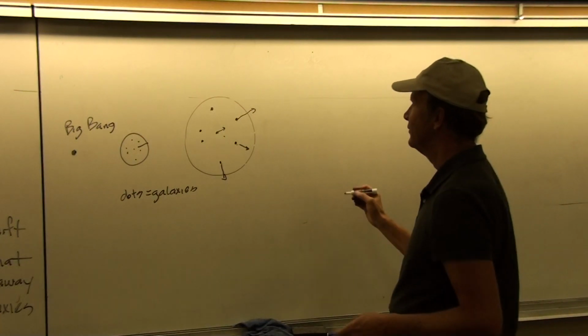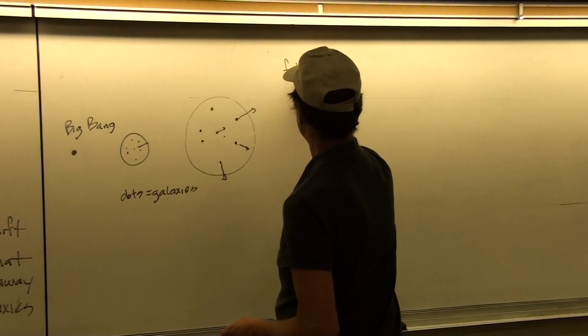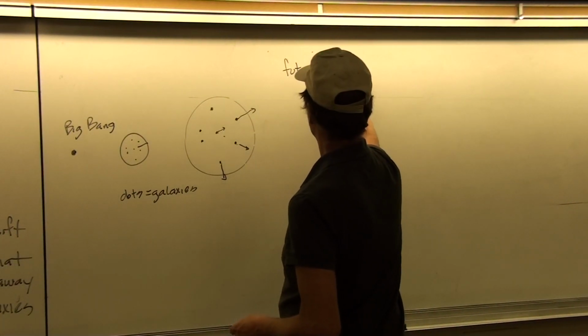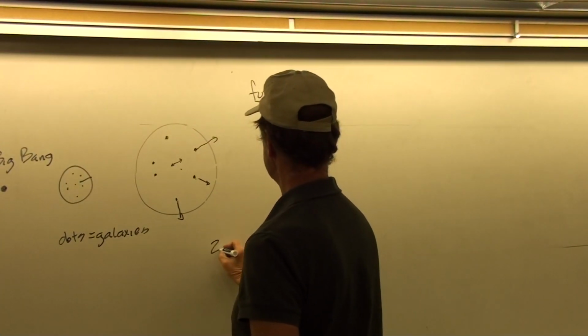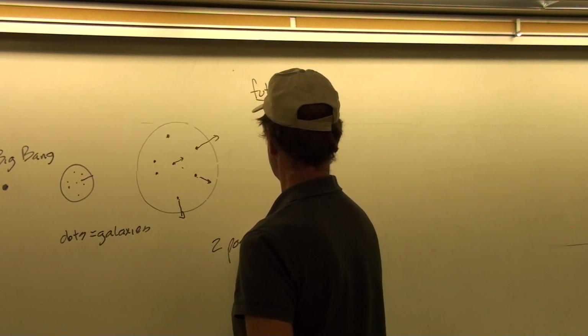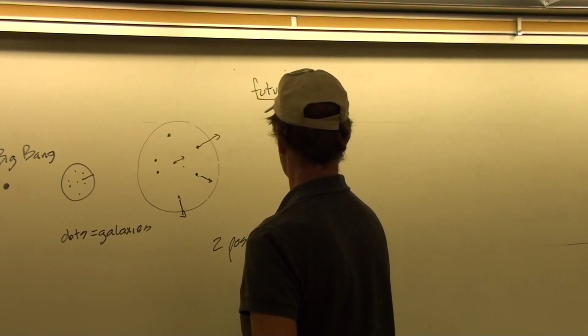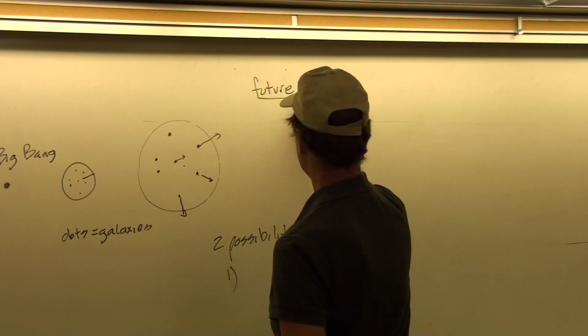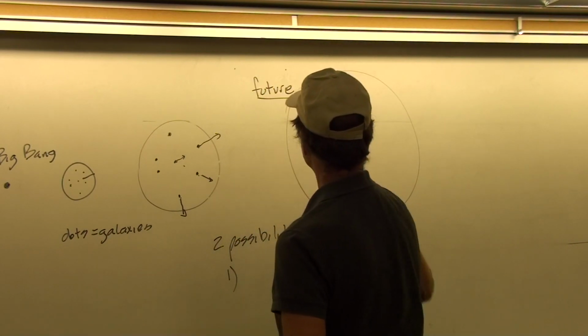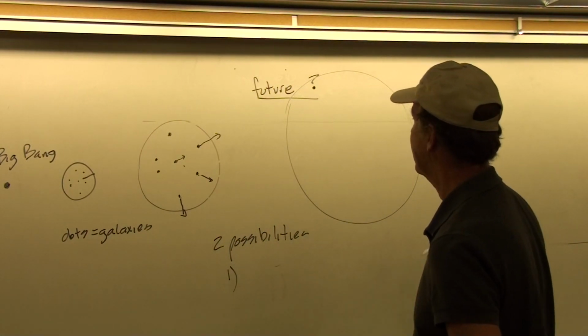Okay, and so in the future then, what will happen? Well, there are two possibilities. One is that the universe will expand to a maximum size, and then gravity will take over, and it gets smaller again.